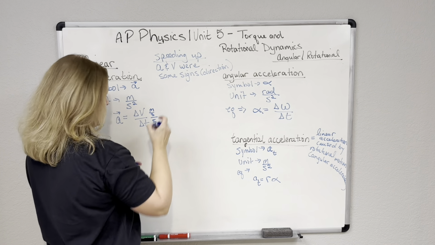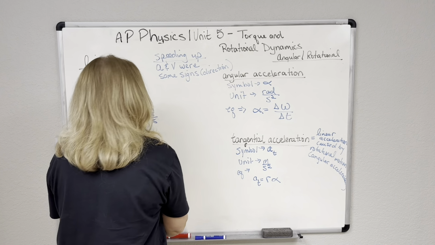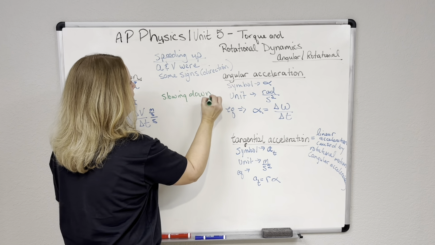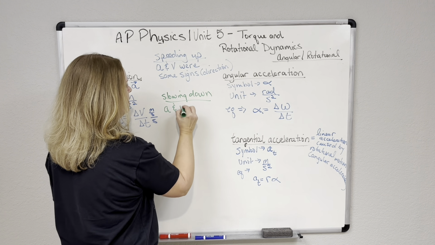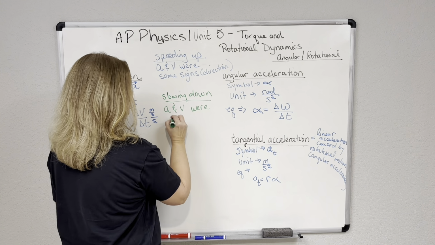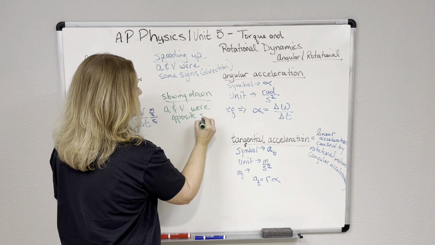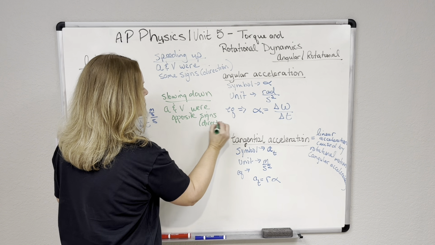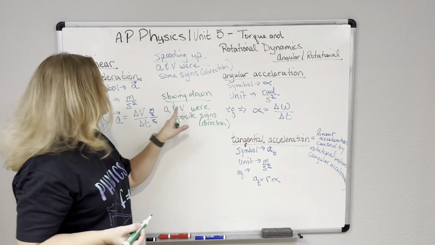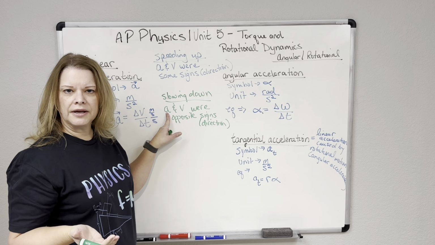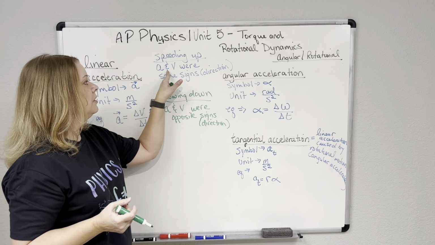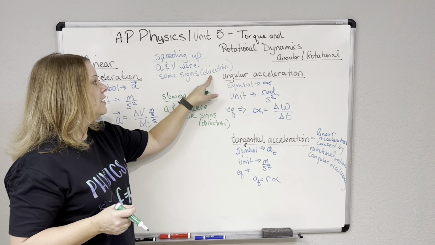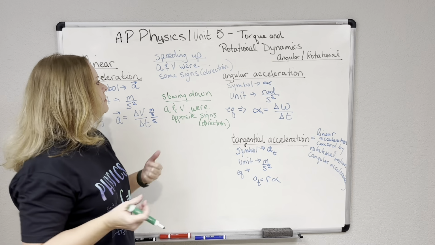When you're slowing down, we said your acceleration and your velocity were opposite signs, meaning opposite directions. So if you had a positive velocity going east and you were slowing down, then your acceleration had to be negative, or vice versa. If you had velocity that was west, that means it's negative, then your acceleration had to be negative too, because same signs or same direction means you're speeding up.